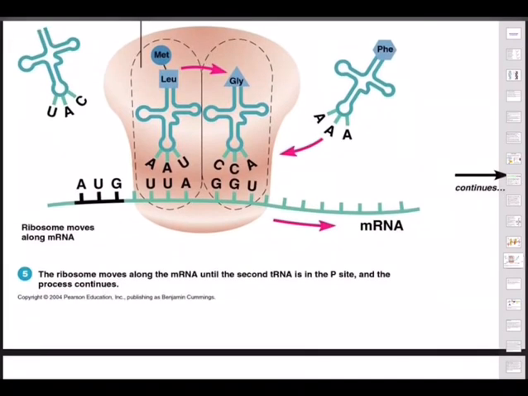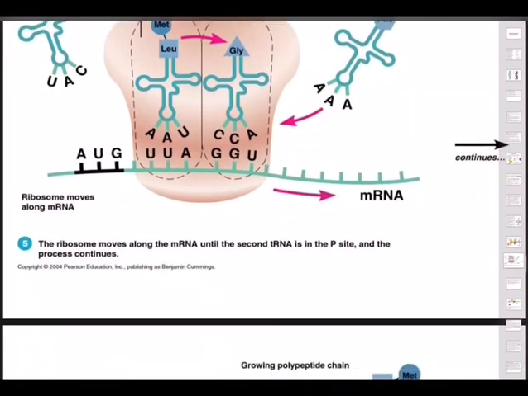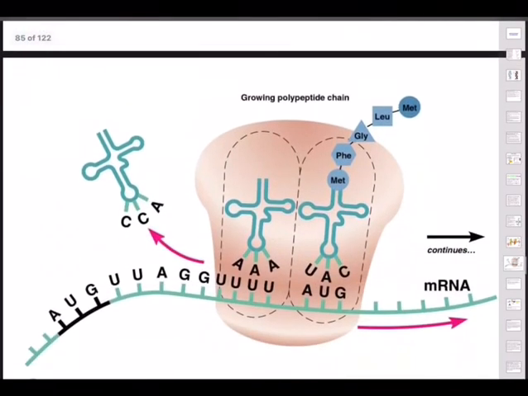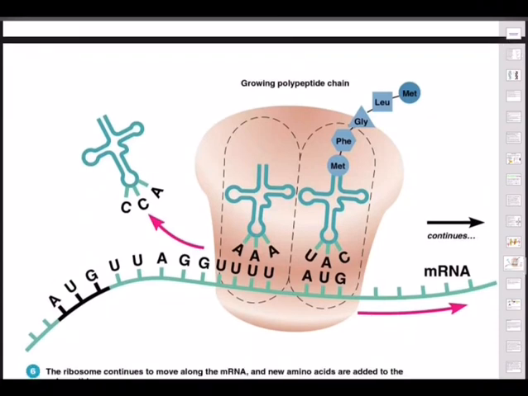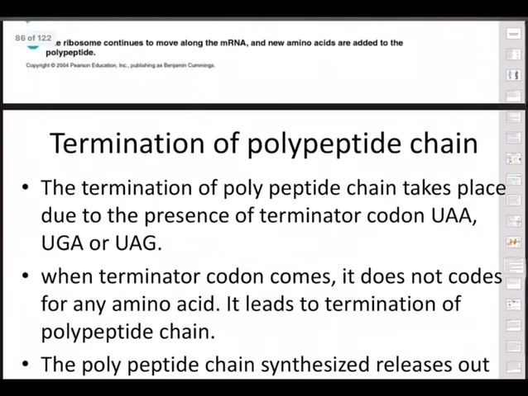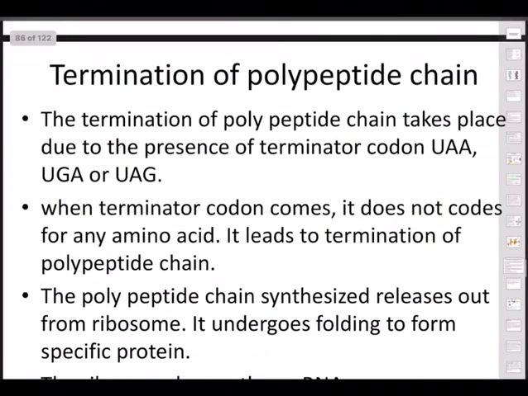You can see here further, as it moves, more and more amino acids are getting joined. This is how the polypeptide chain, you can see here, methionine, phenylalanine, glycine, leucine, methionine, a continuous chain of amino acids takes place.